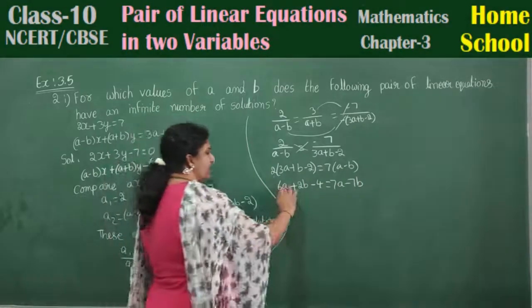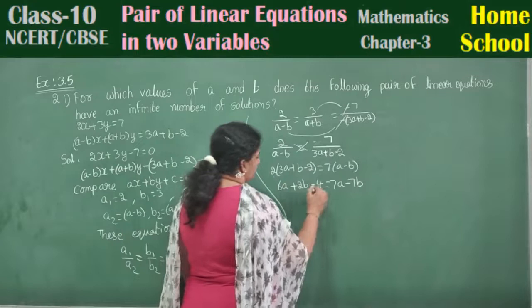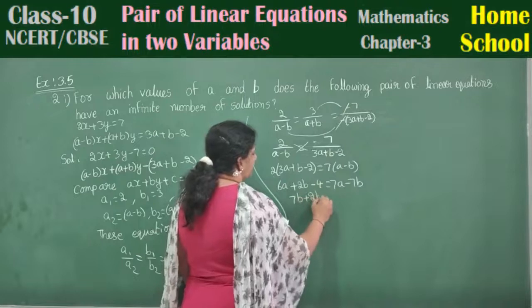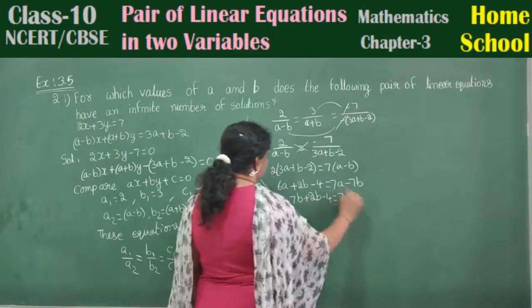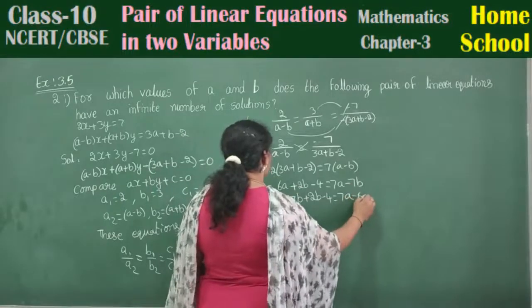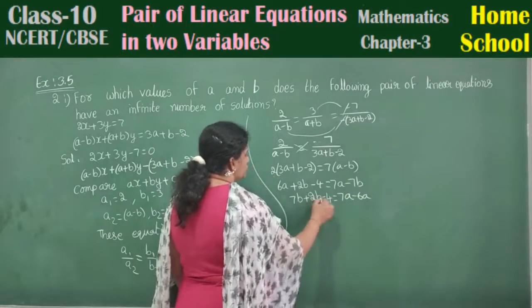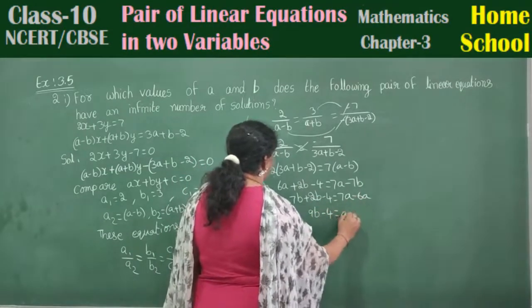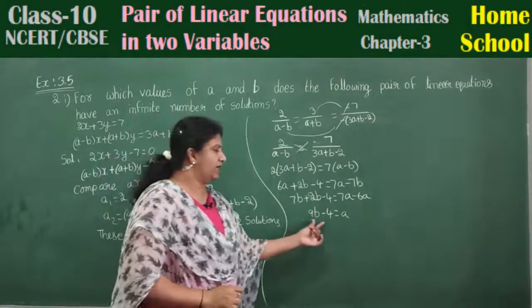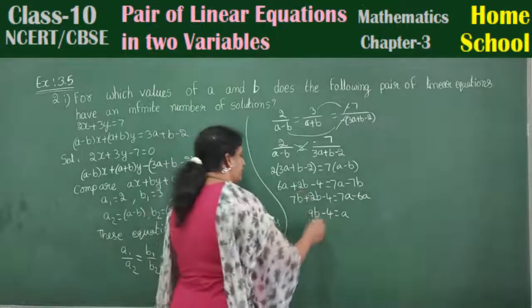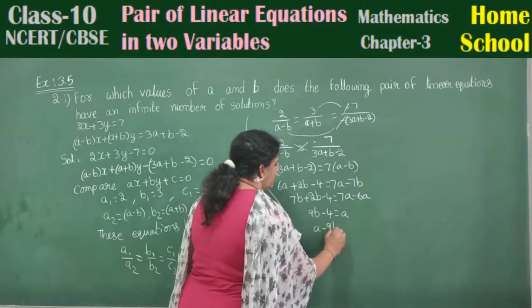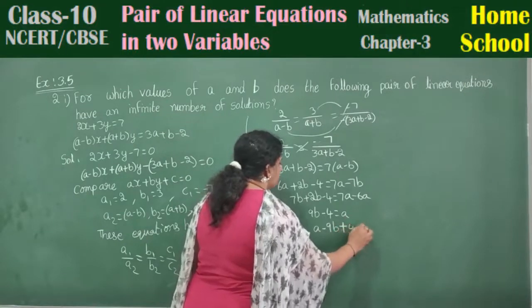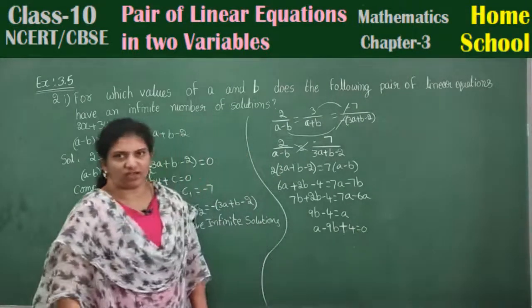Okay, send this a this side and b this side. 7b it will be plus 2b minus 4 is equal to 7a, 6a send that side minus 6a. 7b plus 2b will be 9b minus 4 is equal to a. a is equal to 9b minus 4. Or you may rewrite this as a minus 9b plus 4 equal to 0. This is one of the equations.